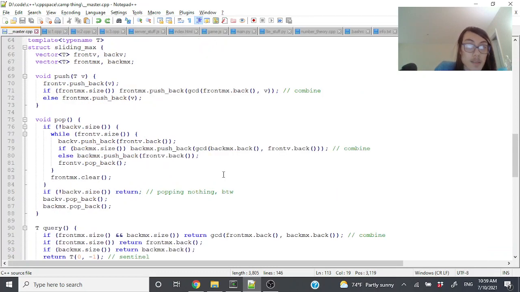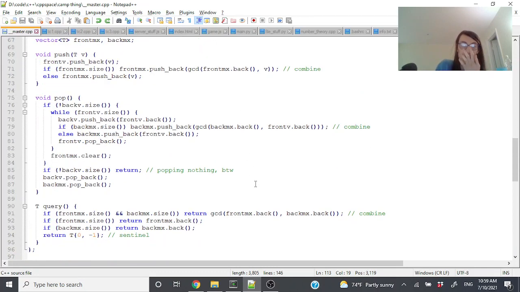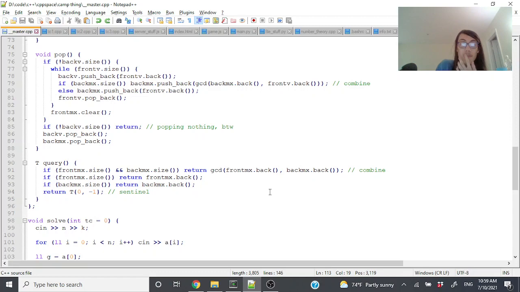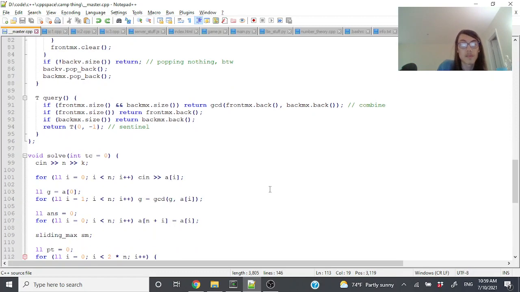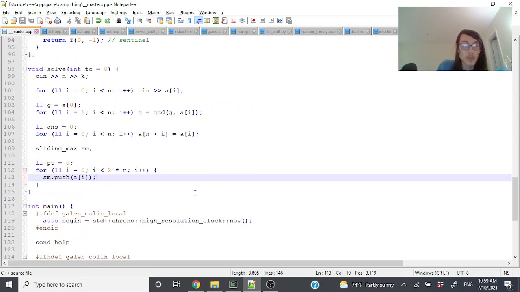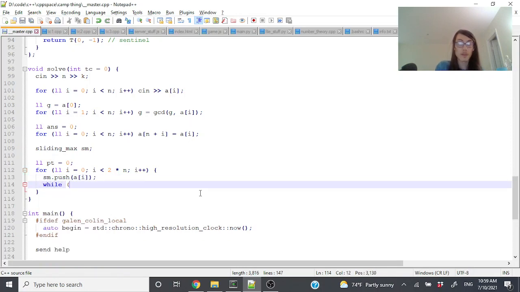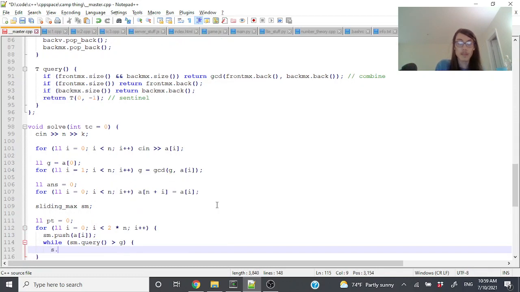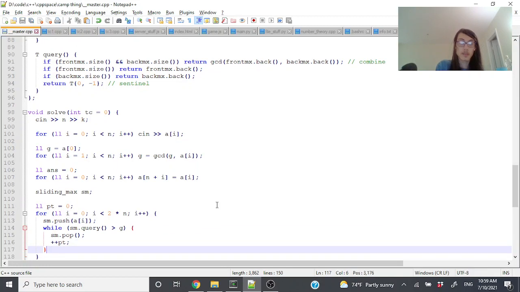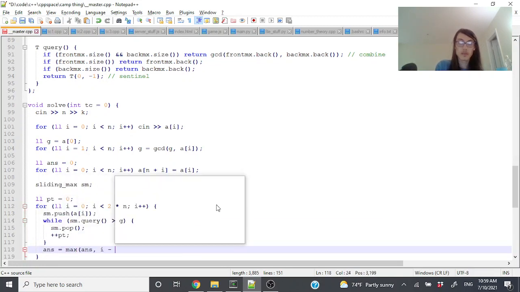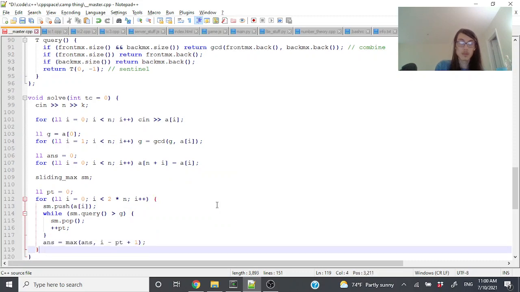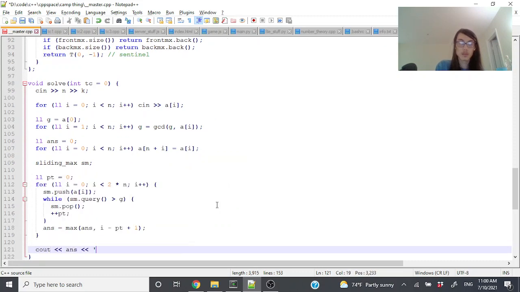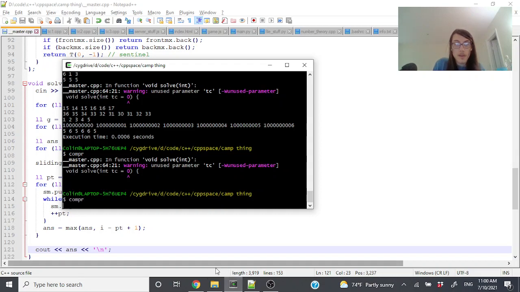Oh, there's no max, right? It's all GCD, GCD, GCD. Yeah. Now, while sm.query is greater than G, sm.pop plus point. Okay.